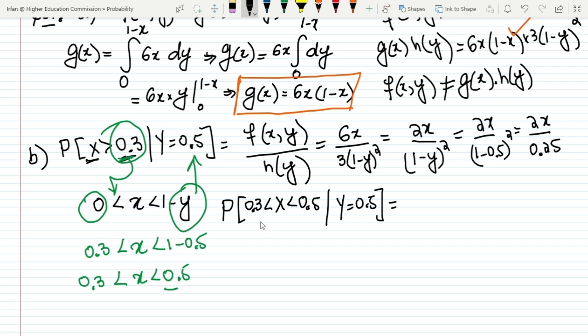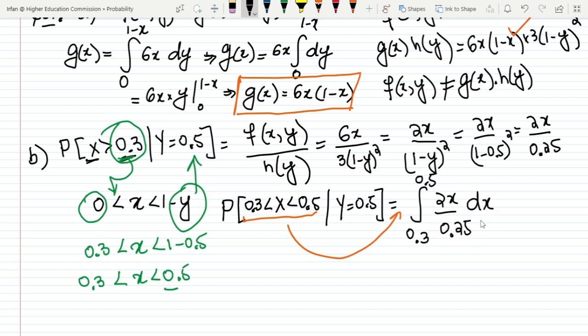Okay, so in order to find this value, what do I have to do? I have to perform integration within this limit. So it will be from 0.3 to 0.5 of 2x divided by 0.25 dx.